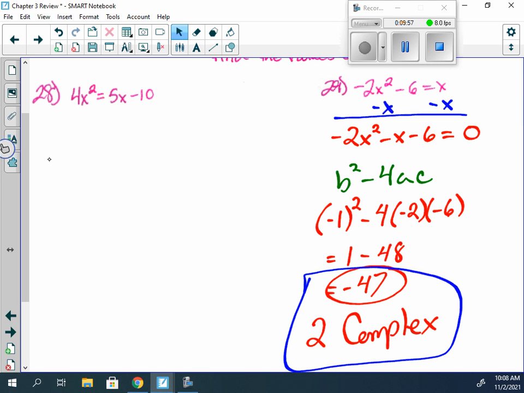It just helps us figure out the correct signs. Because a will be 4, but is it going to be positive or negative? Well, depends on which way. If I subtract the 5x and add the 10, then it would be positive. If I subtract the 4x squared over, then it would be negative.